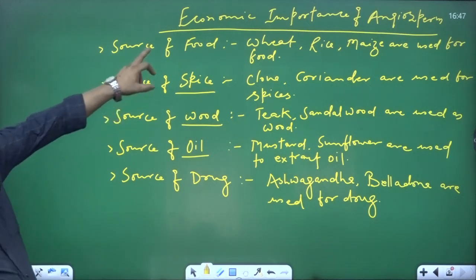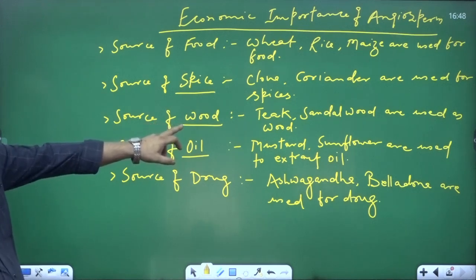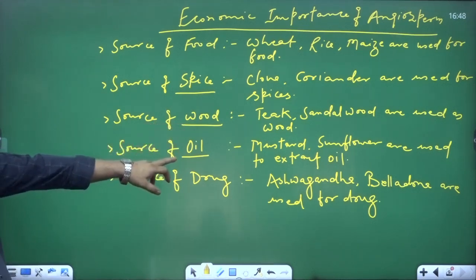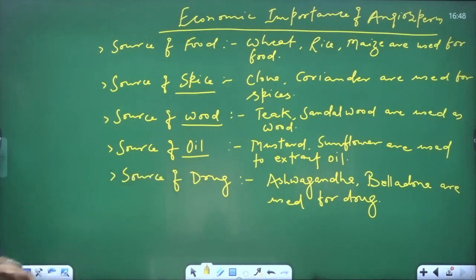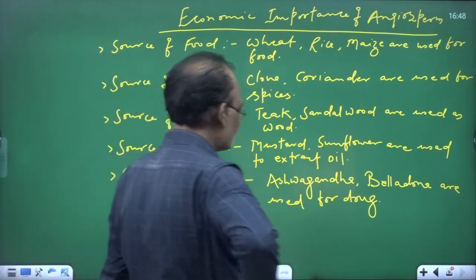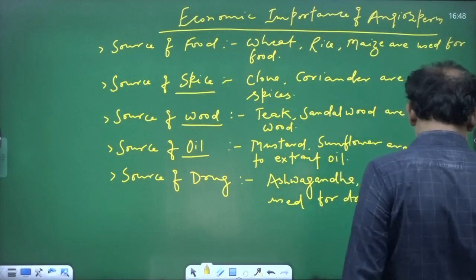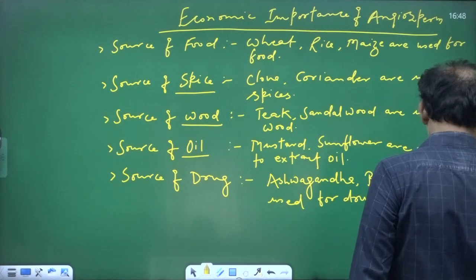It is a source of food, source of spice, source of wood like teak and sandalwood, source of oil, where mustard and sunflower are used, and source of drugs like ashwagandha and belladonna. Quinine is also extracted from the bark of cinchona. You can write quinine, cinchona. Cinchona is a tree.